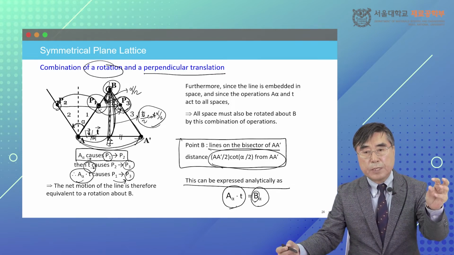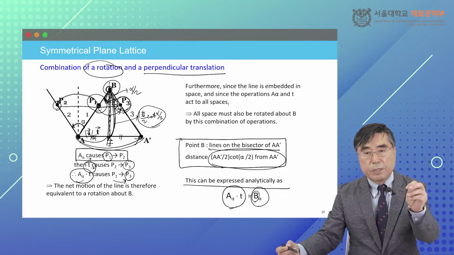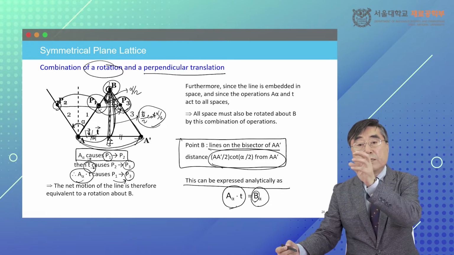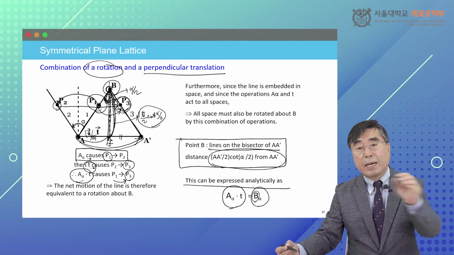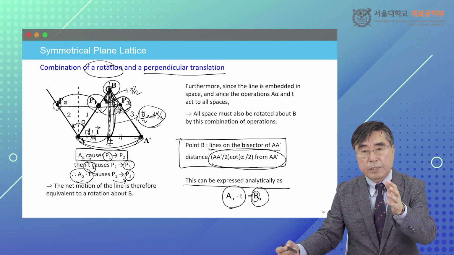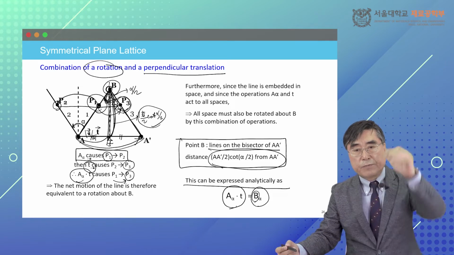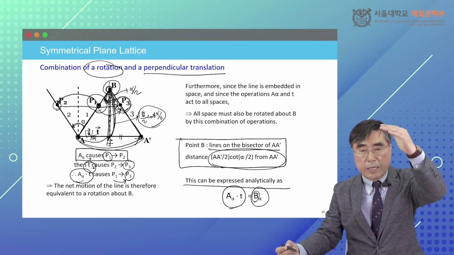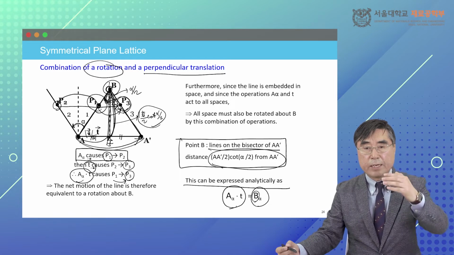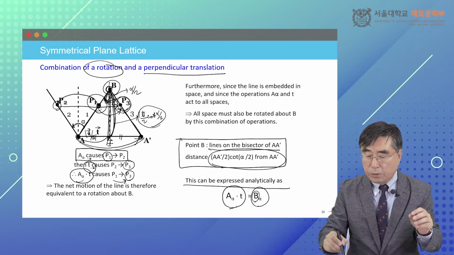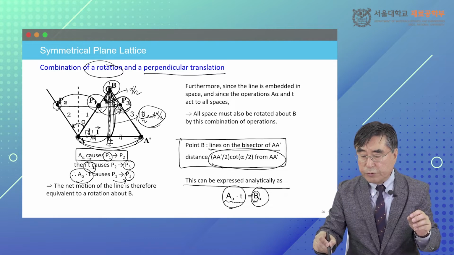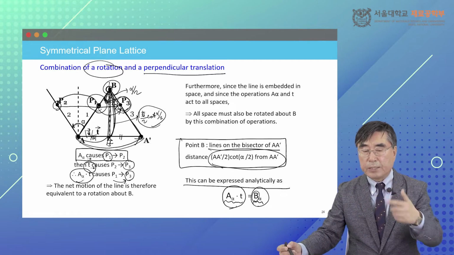So rotation and translation generate the same rotation at point B, which is on the bisector of the translation vector, and the distance from the bisector line to that point B is half the t vector magnitude times cotangent alpha over 2. So rotation and translation generate the same rotation element at B.